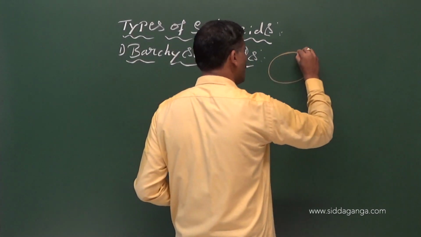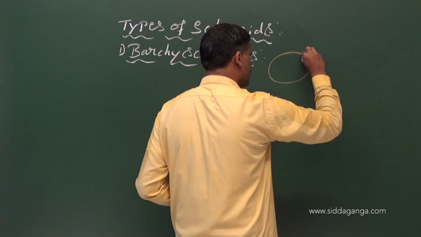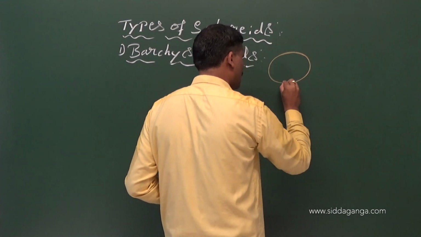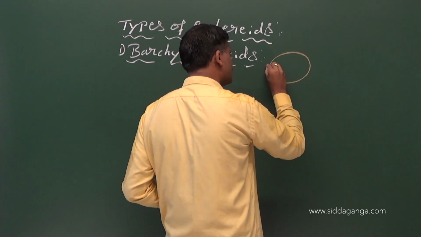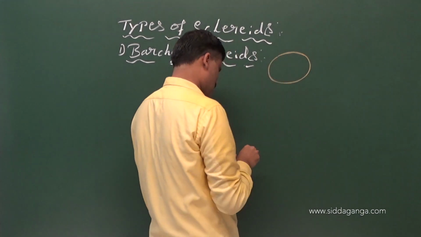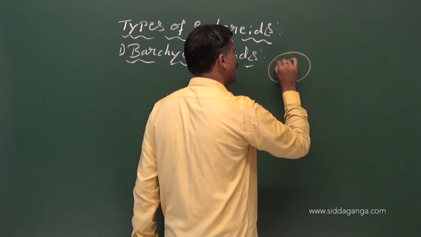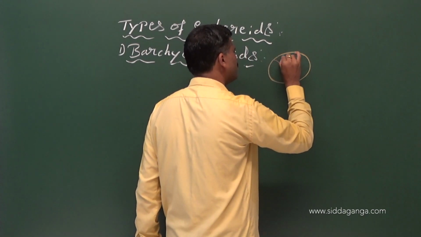The cells are isodiametric, they are hard in nature, and each cell contains branched type of pits.